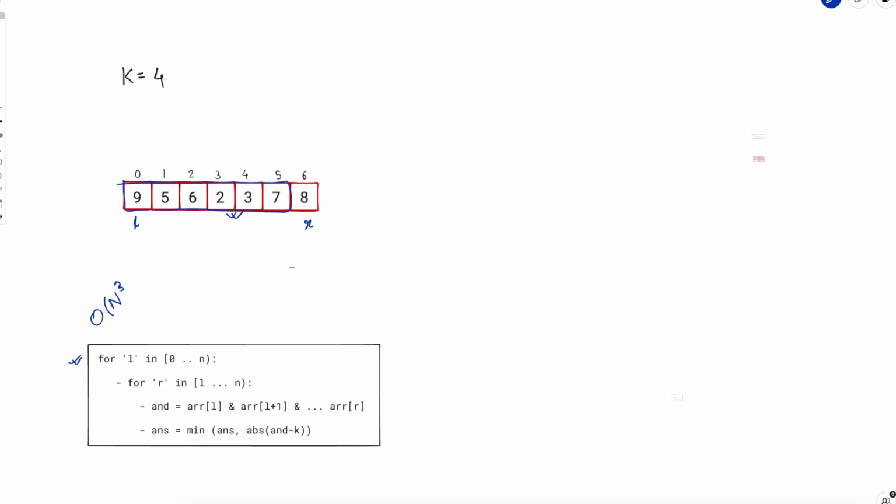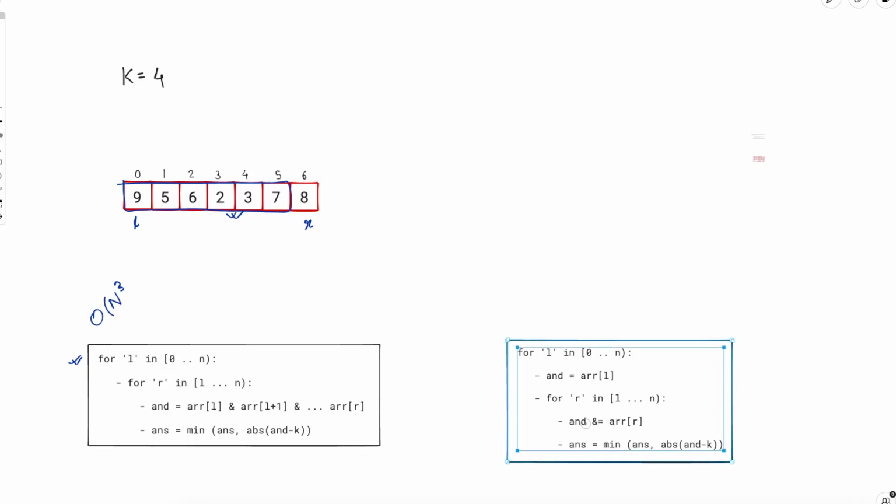So you can reuse the computations and simply remove this extra loop, and the pseudo code would look something like this. Just keep on doing bitwise AND for the new element, and this AND will contain the bitwise AND all the way up to R, right? So from this we can reduce the complexity from order n cube to n square easily.